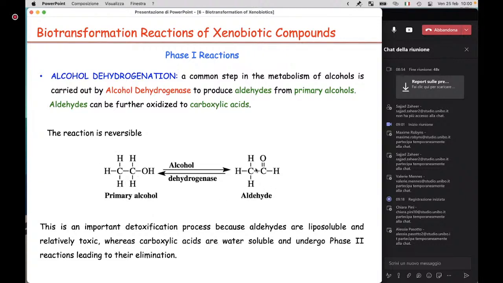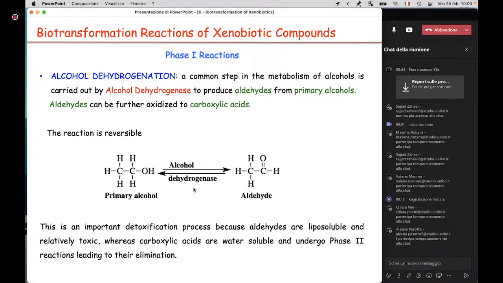This kind of reaction, alcohol dehydrogenation, is quite important as a detoxification process, not the first step, but the whole reaction chain. So going from alcohol to aldehyde and then to carboxylic acids is an important detoxification mechanism.